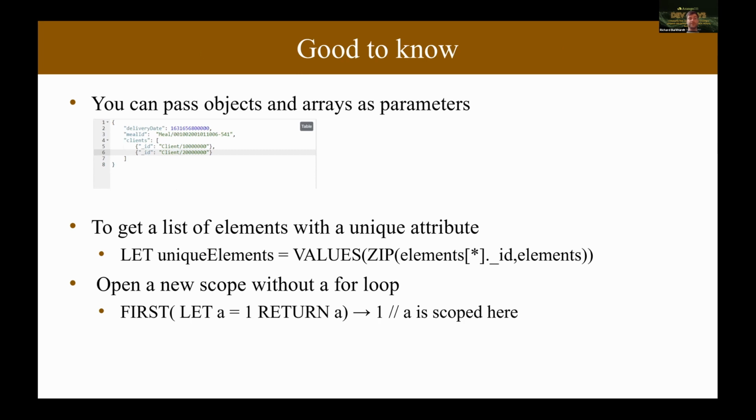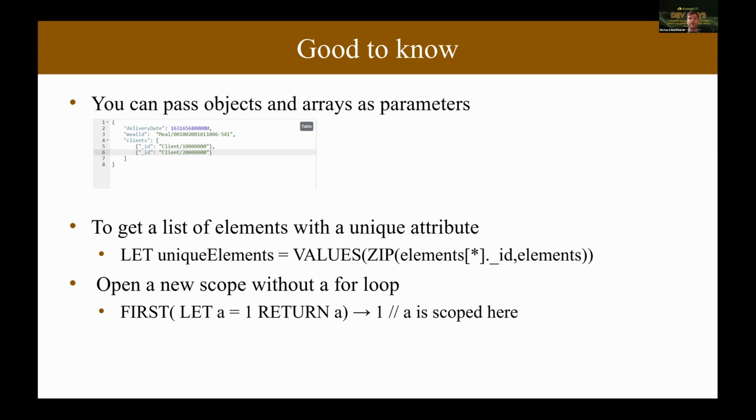So what's good to know? First of all, something I found out about a year ago, you can actually not just pass primitives as parameters, you can also pass objects and arrays. So it's worth knowing, I think. And sometimes you may want to use something like a distinct and assign it to a variable.